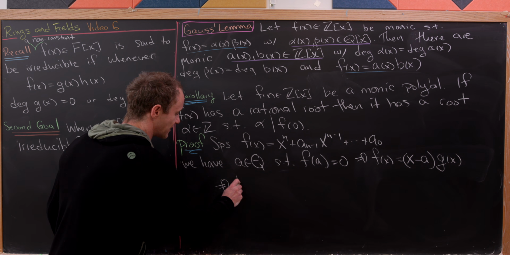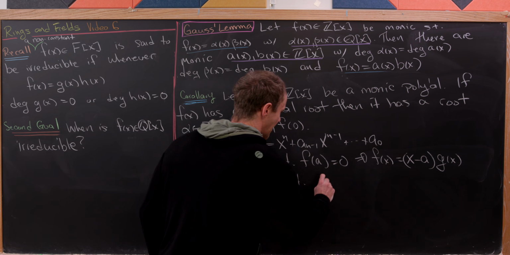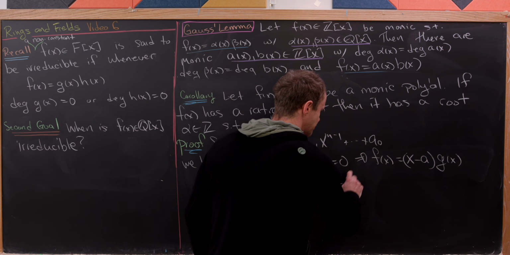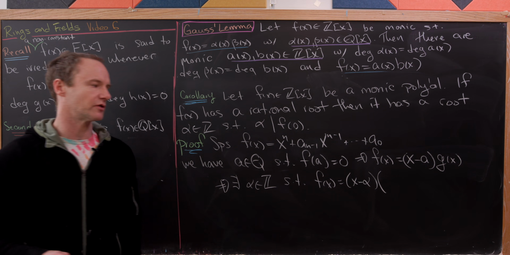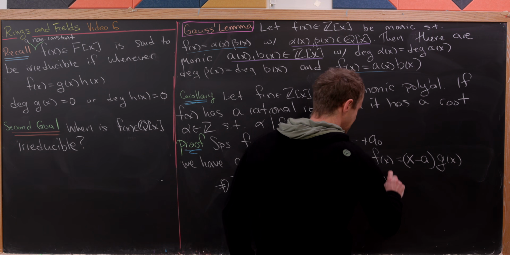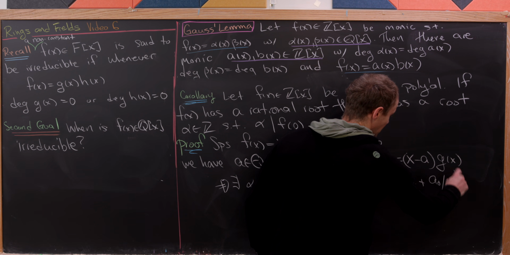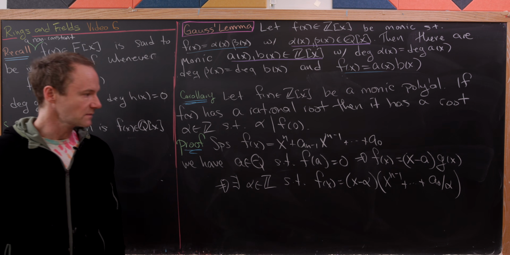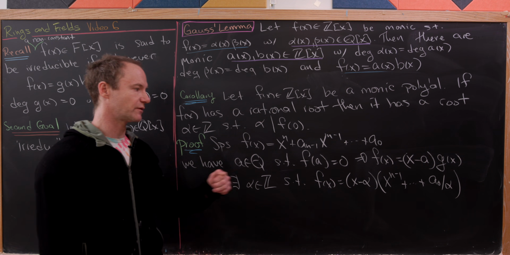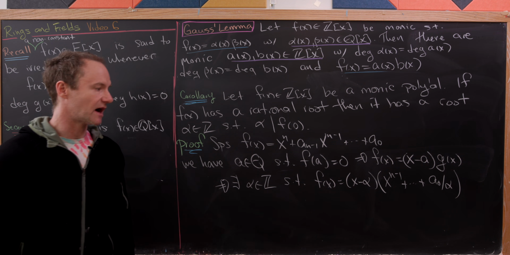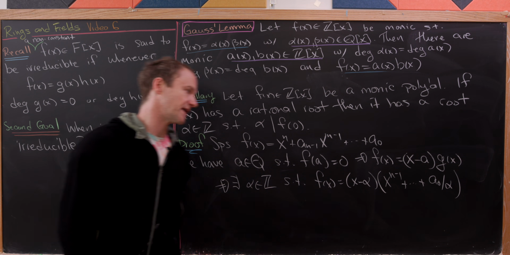So that means that there exists something that I'll call alpha in Z such that f(x) is equal to (x − alpha) times, well, whatever polynomial makes this work. I'm going to write it as x^{n−1} plus a bunch of terms in the middle plus a_0 over alpha. Of course, we know the top term has to be 1 because f(x) is monic, and we know the bottom term has to be a_0 over alpha because we've got this alpha right here.